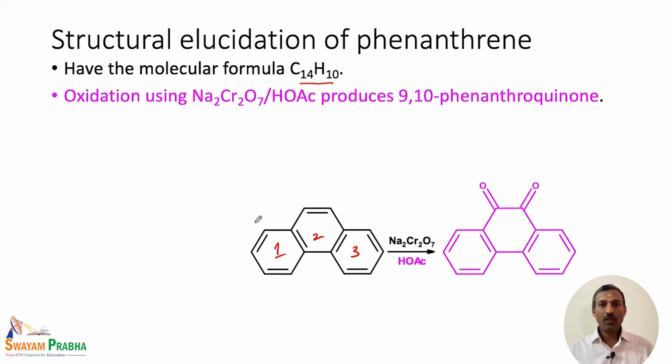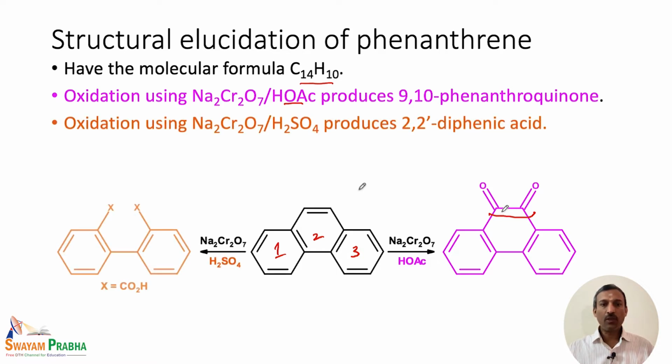The oxidation of phenanthrene using sodium dichromate in acetic acid produces 9,10 phenanthroquinone. As we mentioned earlier, the 9 and 10 positions undergo reactions very readily, so here it undergoes oxidation to give 9,10 phenanthroquinone.